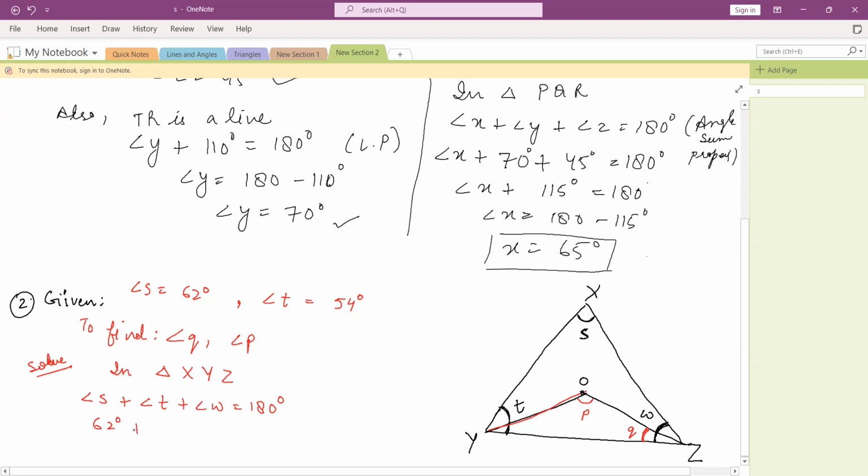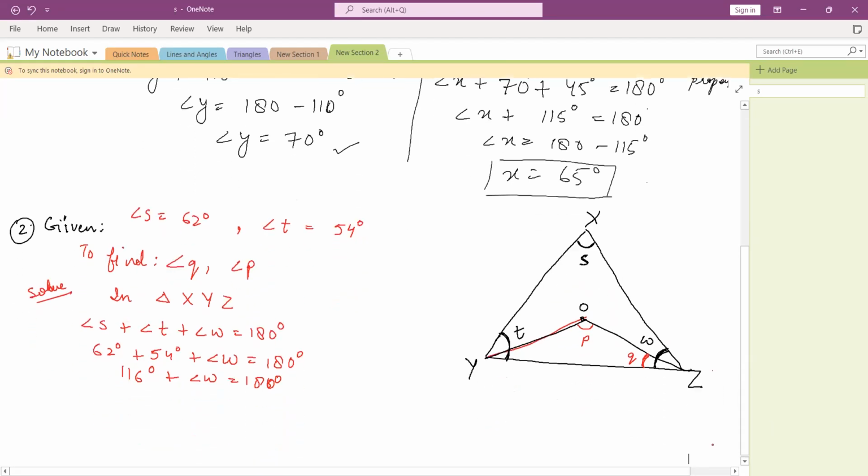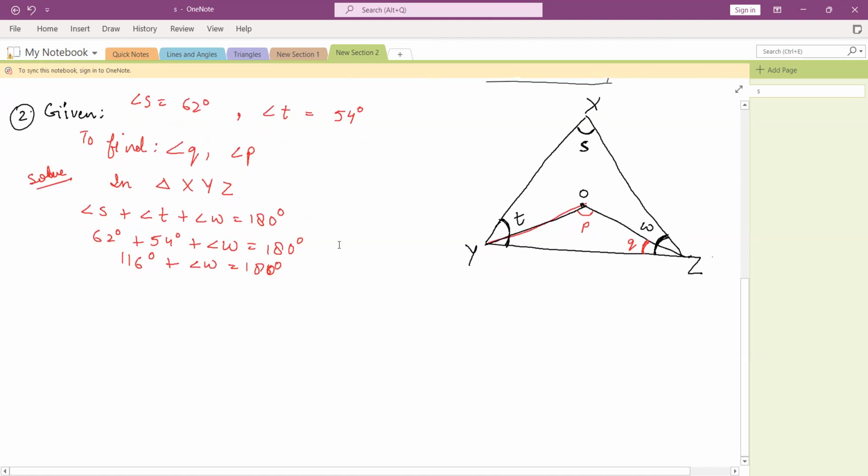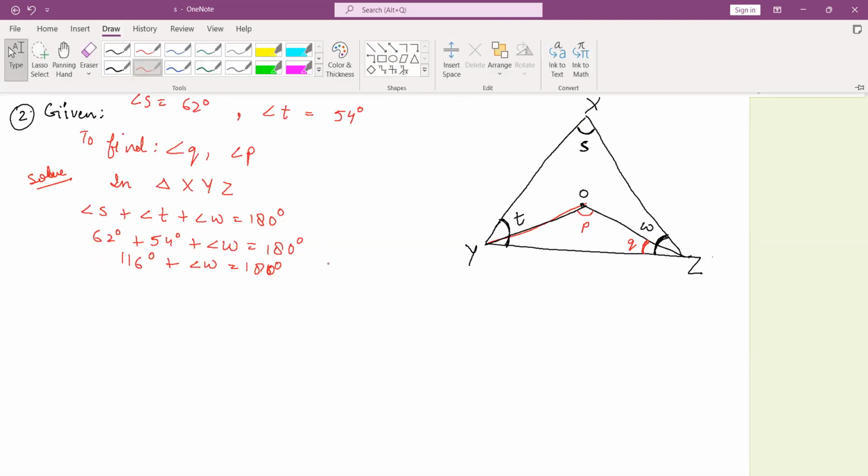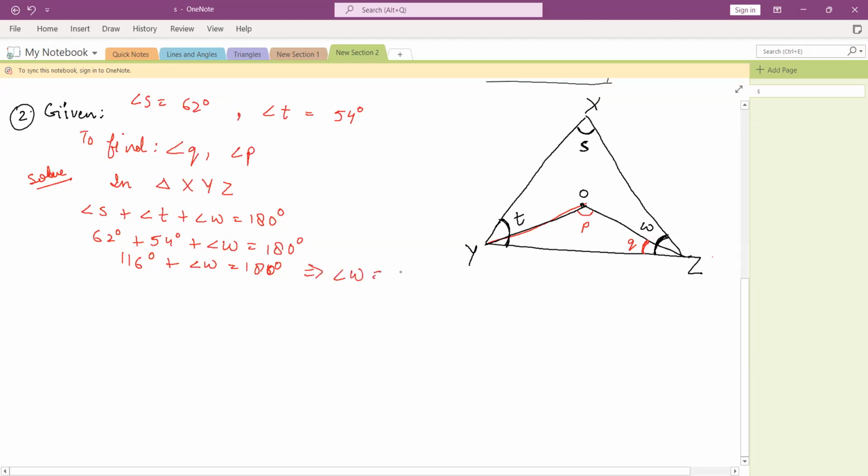So 62 plus 54 plus angle W is equal to 180 degrees. This is 116 plus angle W equal to 180 degrees. So angle W comes out to be 64 degrees. So this full angle W we have found.